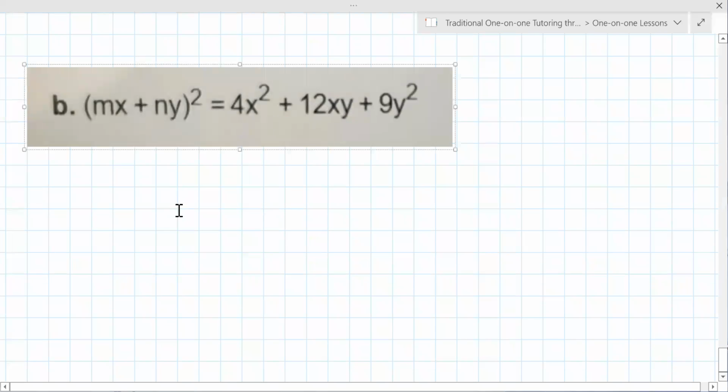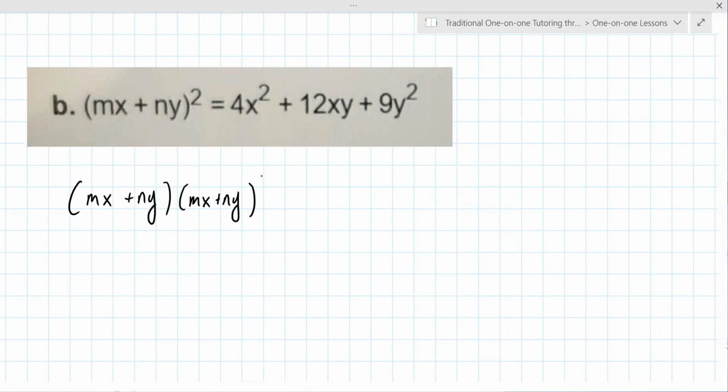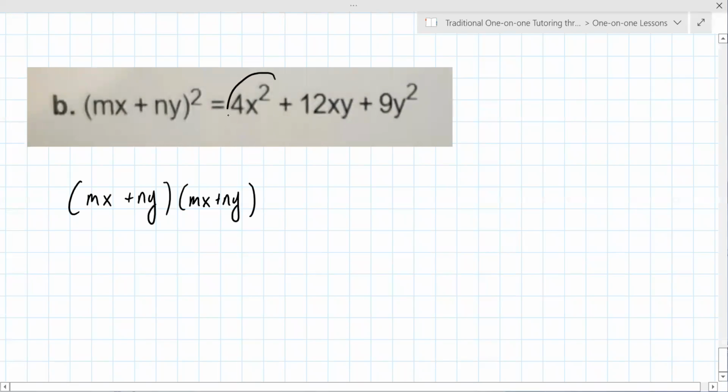Part B here, what you could do is you could FOIL the left. You don't have to, but you could. A better strategy is to recognize, how do you get the first term from foiling?